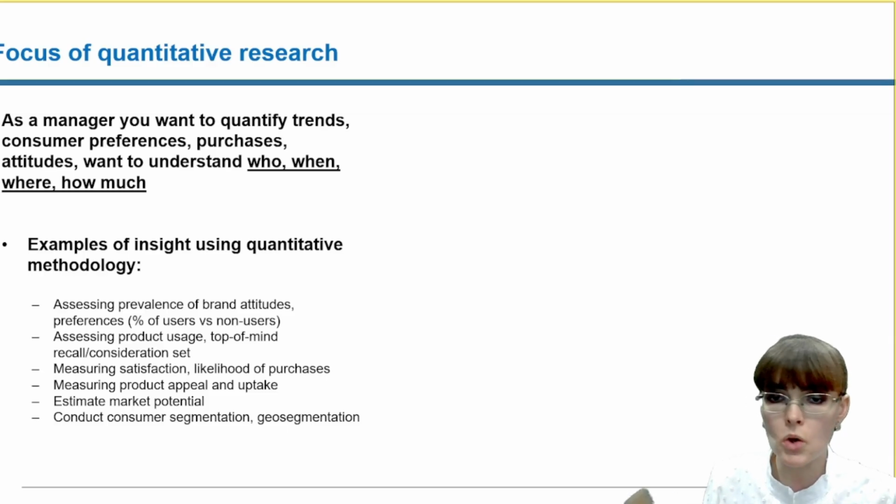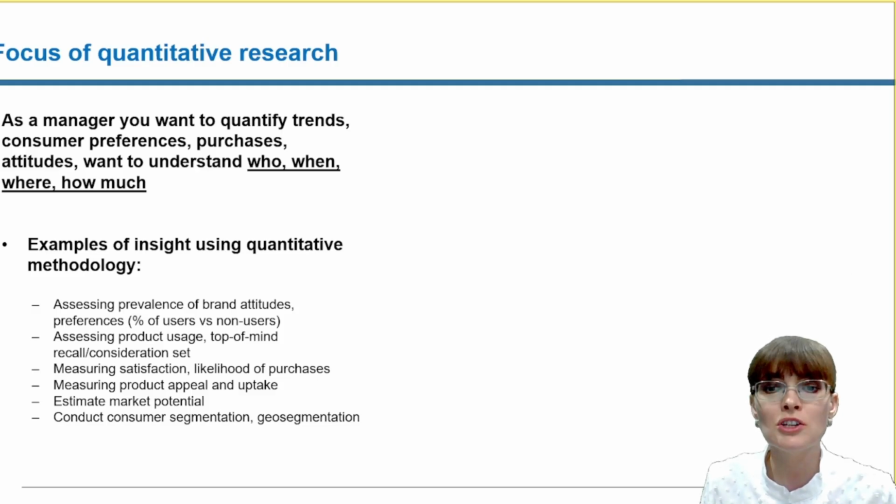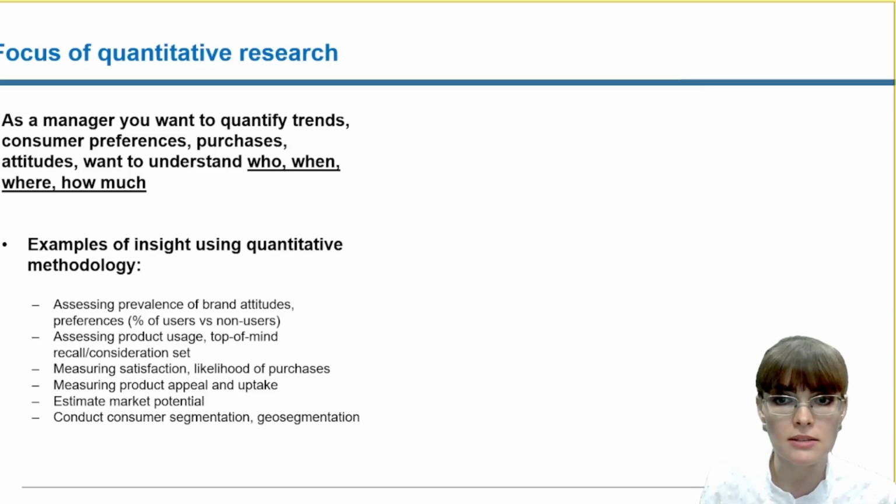This is so important for marketing strategy and implementation. We may also be doing geo-segmentation. So here you can see that we are after more concrete, more numerical aspects of consumer behavior or individuals' behavior, because we do not necessarily want to understand why, but we want to have an understanding of the key trends.